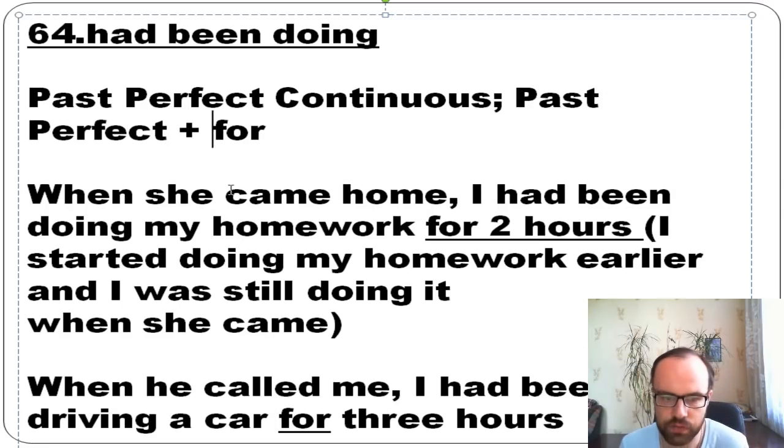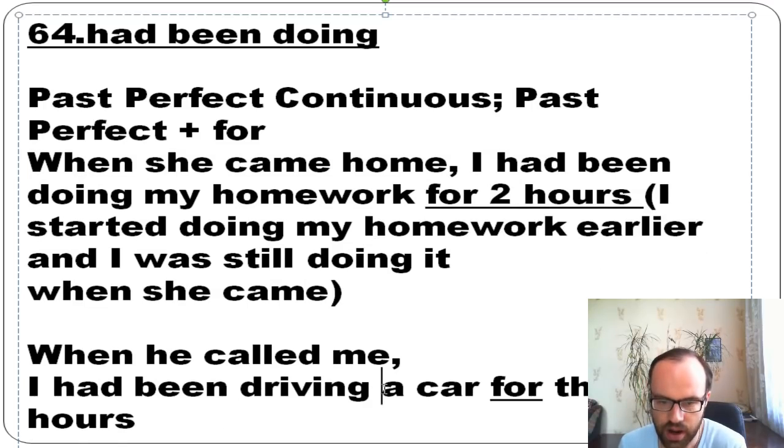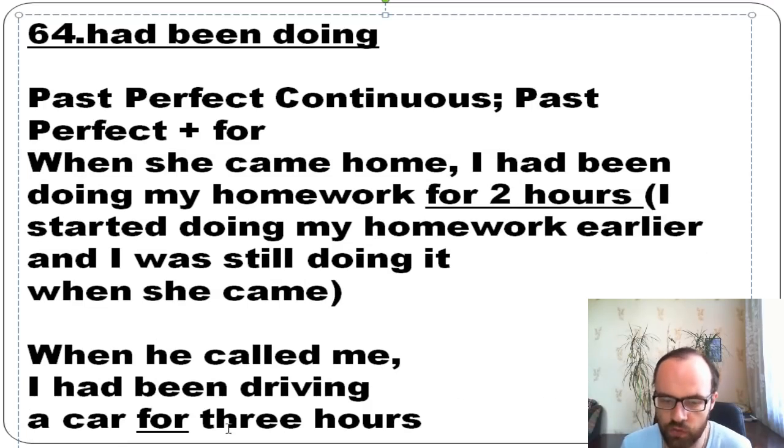Okay, so when he called me, I had been driving a car for 3 hours. So I started driving a car earlier, and then I was driving and he called me.